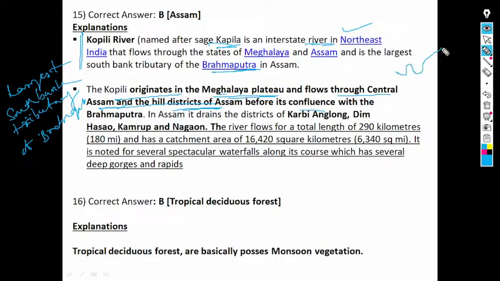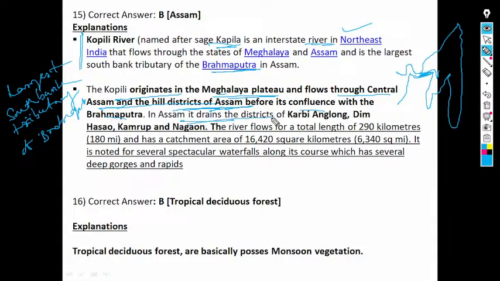It will be more clear. This is your Meghalaya plateau. From here it comes out, then in Assam, after that the confluence with Brahmaputra. The water flows through central Assam and hills of Assam and will confluence with the Brahmaputra.